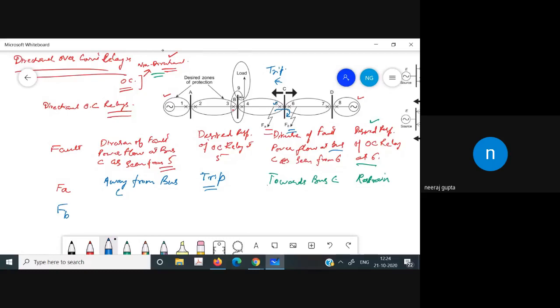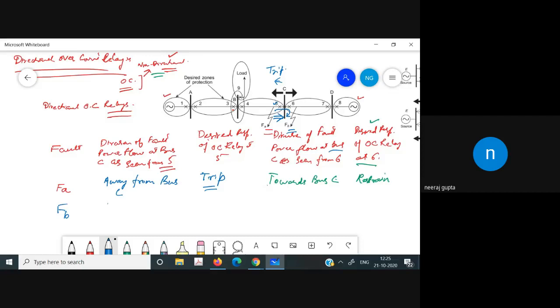What happens? It means that the power feeding the fault is moving towards the bus. So when the power is moving towards the bus, in that very case, it should not trip because the desired zones would not be created. So in that very case, it will not trip.